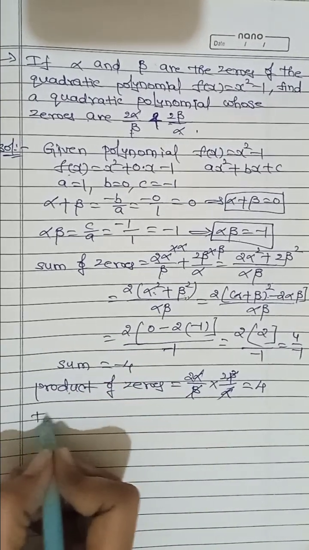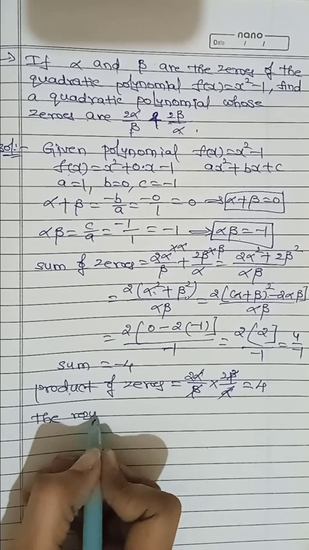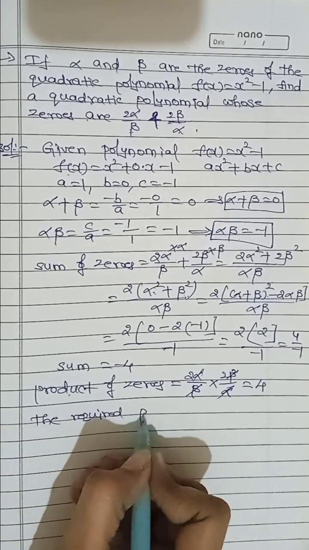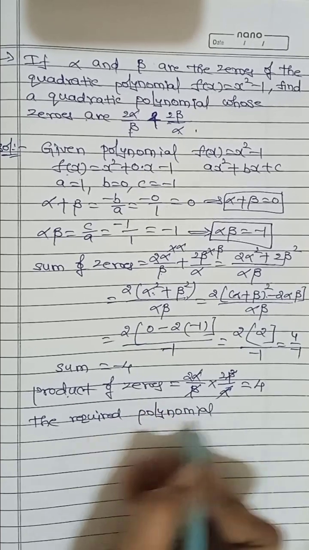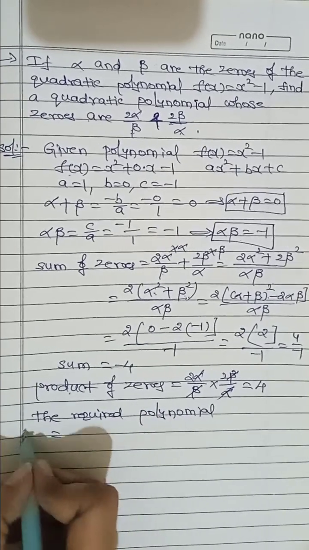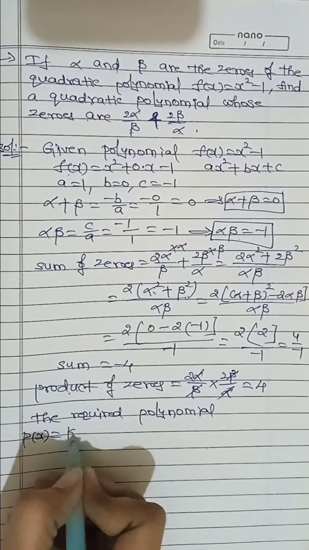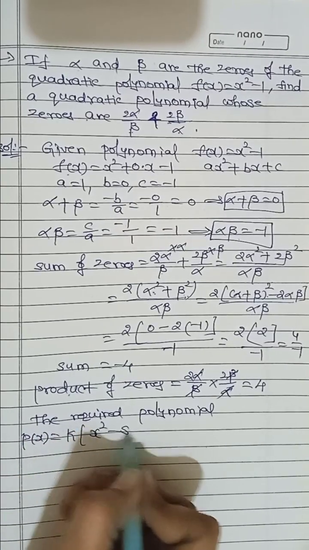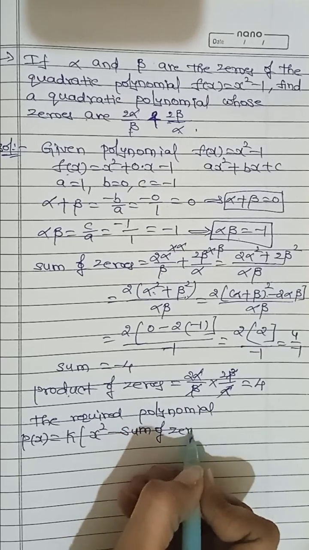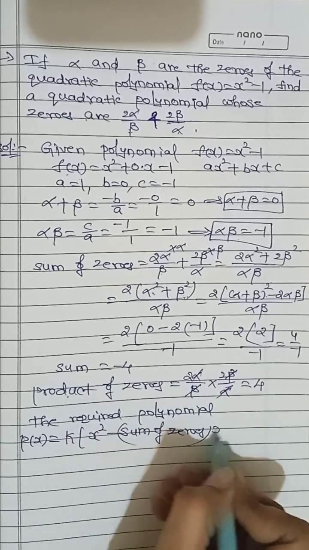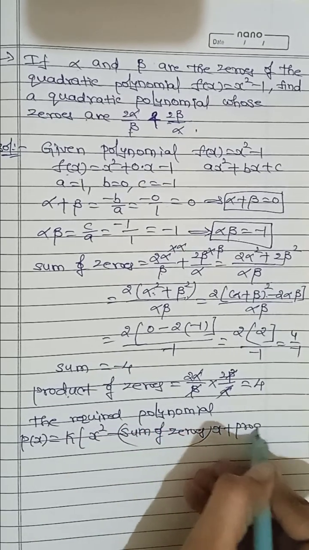So the required polynomial is equal to k into x square minus sum of zeros into x plus product of zeros.